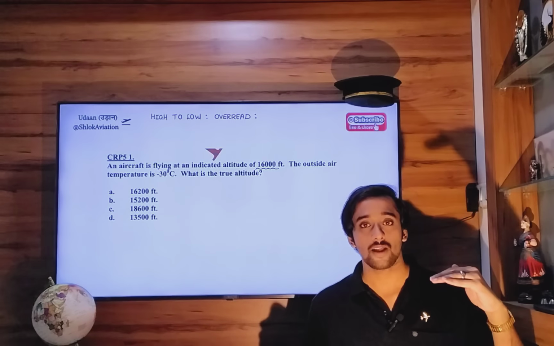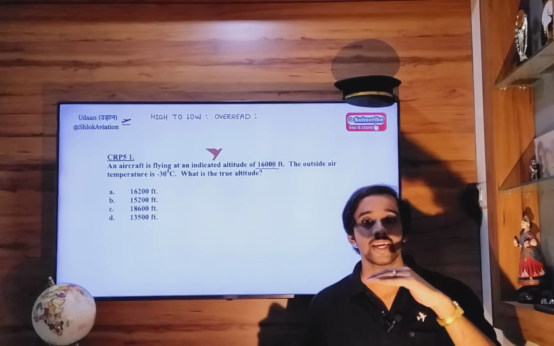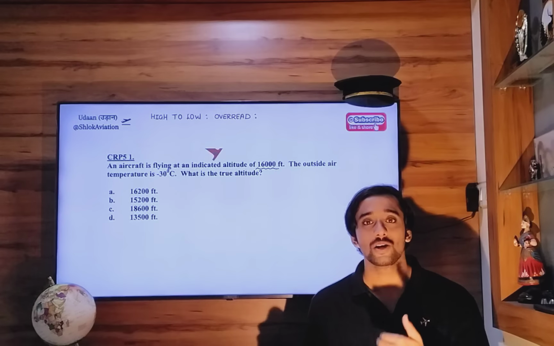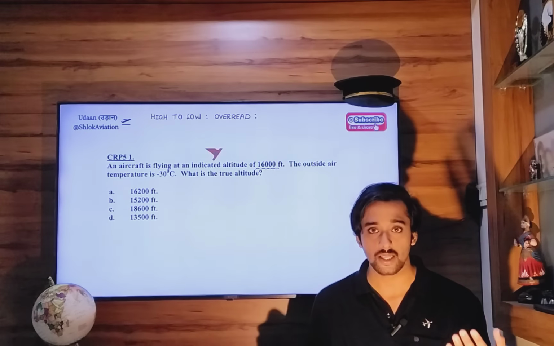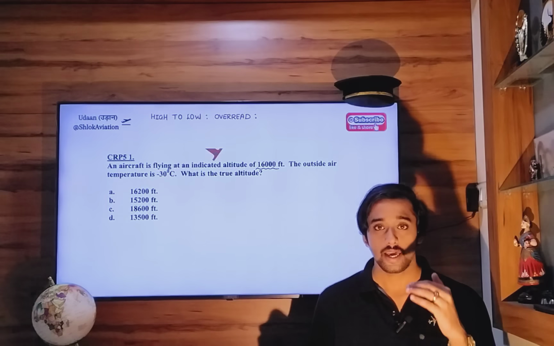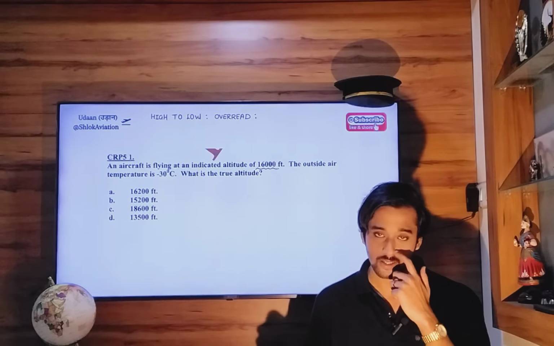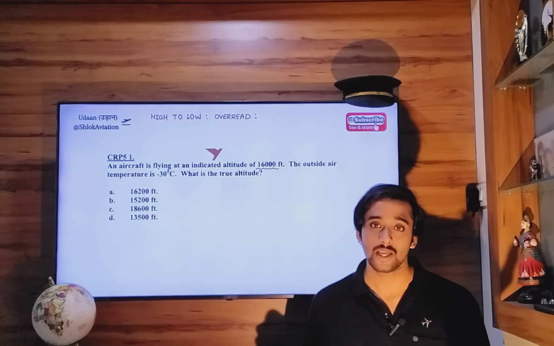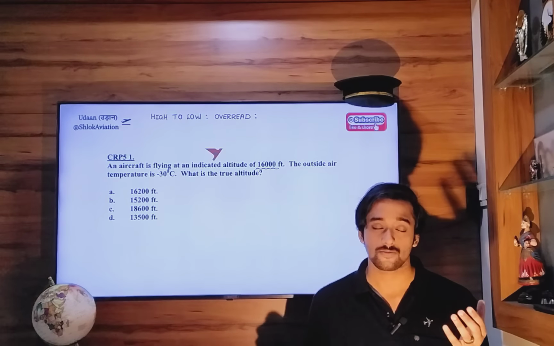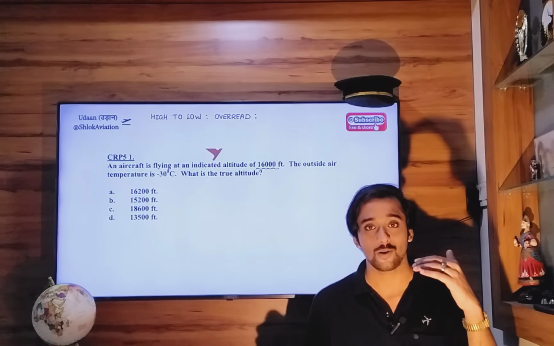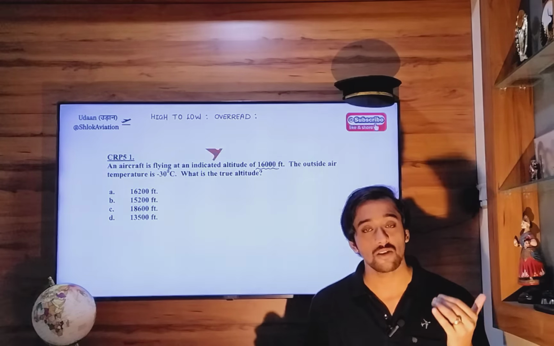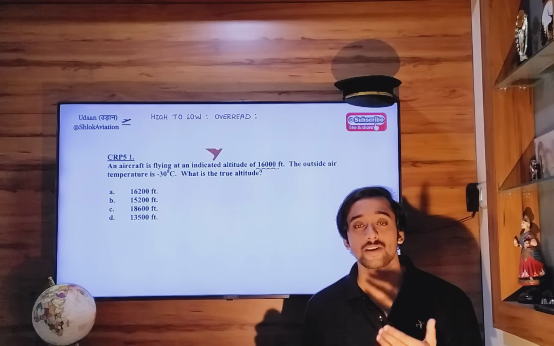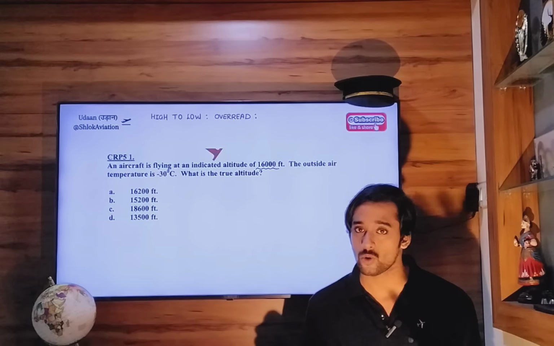You are actually flying at 15,000 feet, let's say, but the altimeter will show that you are flying at 16,000 feet, 17,000 feet, 20,000 feet, any value more than 15,000. So you're flying under a false delusion that you're flying at 20,000 feet when in reality you're flying at a much lower altitude, 15,000 feet, 14,000 feet, whatever.